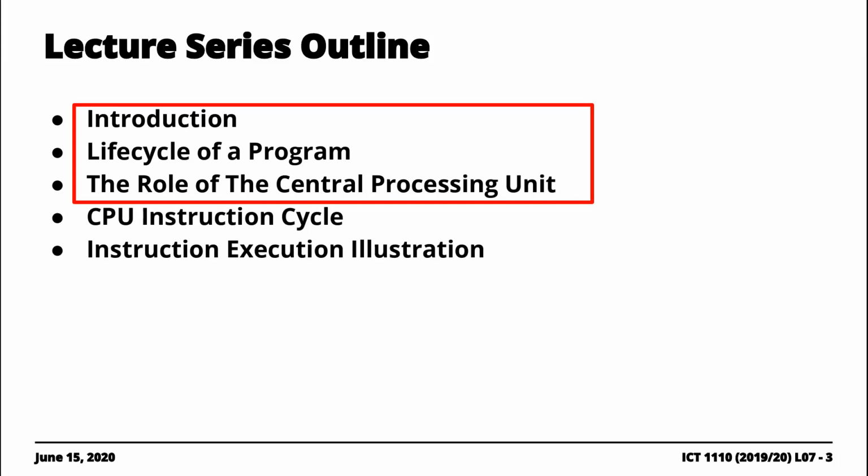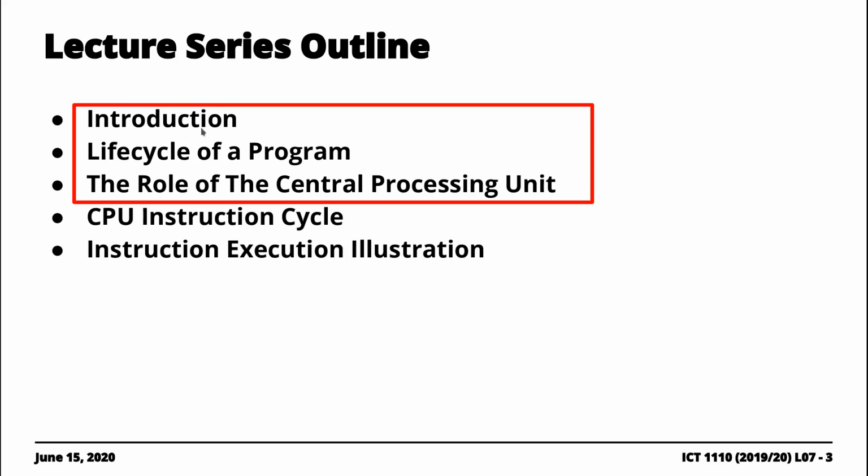A revision centered around the life cycle associated with your typical computer software program, right? So we want to remind ourselves of what actually happens from the point in time when you double click that piece of software so that you execute it, right?